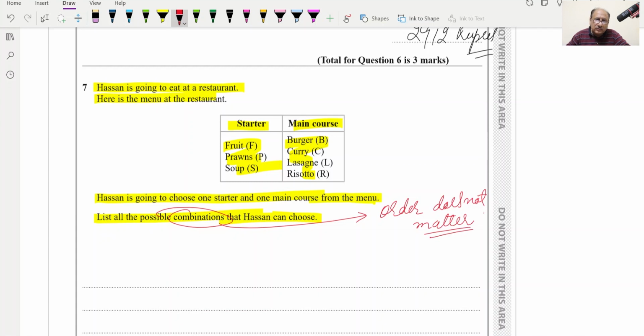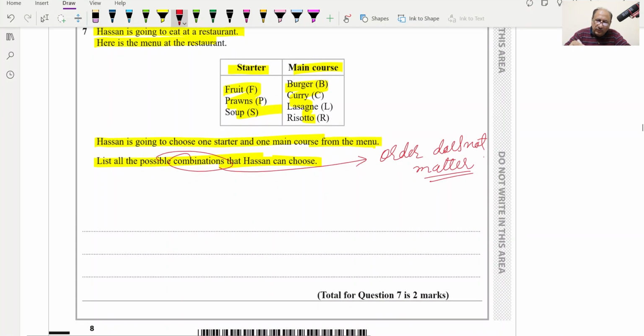So without taking care of order, we will be writing these combinations. F will be combined with B, so we can write FB, and then we can combine F with C, so it will be FC. Next will be FL, and lastly it will be FR.